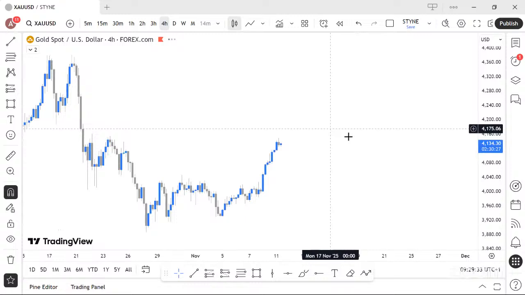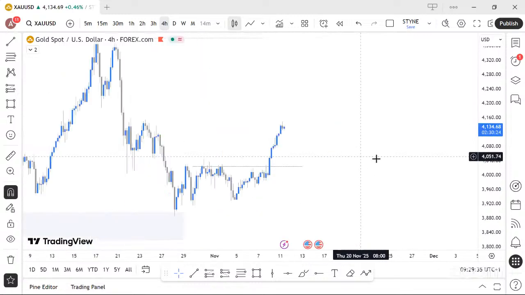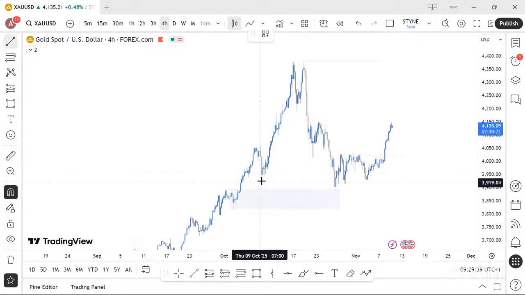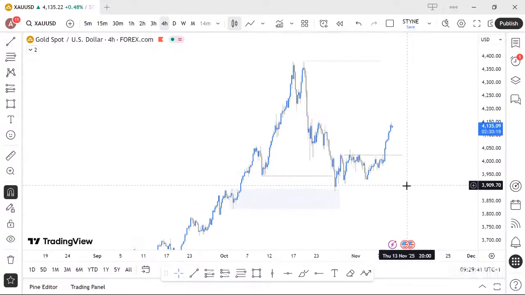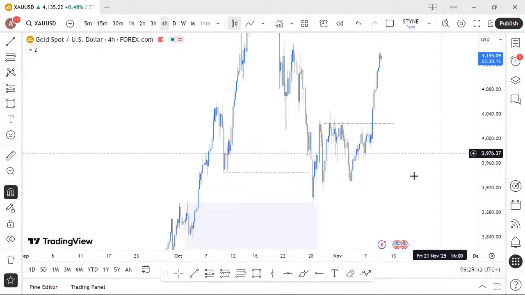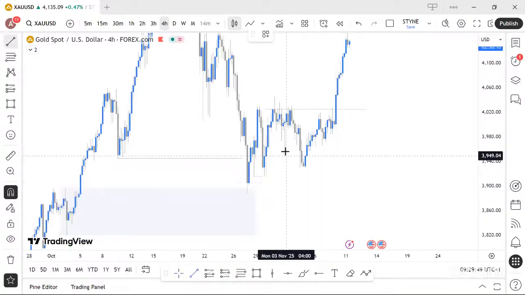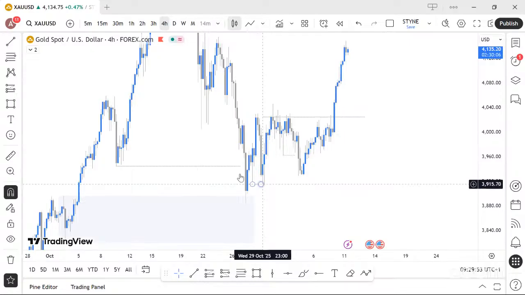Gold has not given us our retracement. Gold has not retraced. When price sweeps liquidity, it does not even want to know again. It just goes. See, that's why we preach liquidity here a lot. All these things I'm drawing are liquidity points. Price swept this first one, touched, went up.